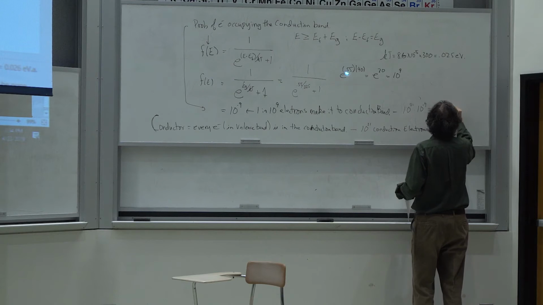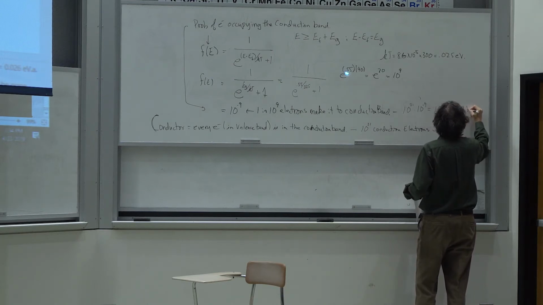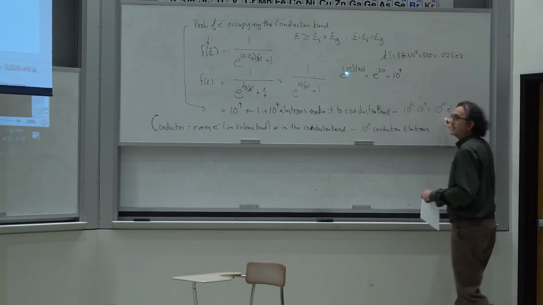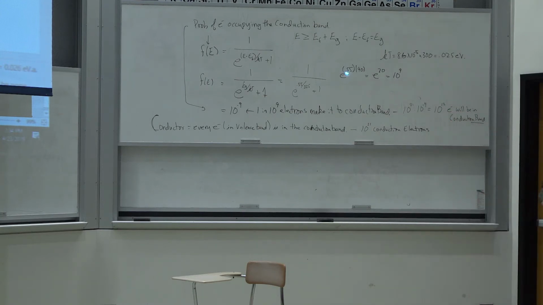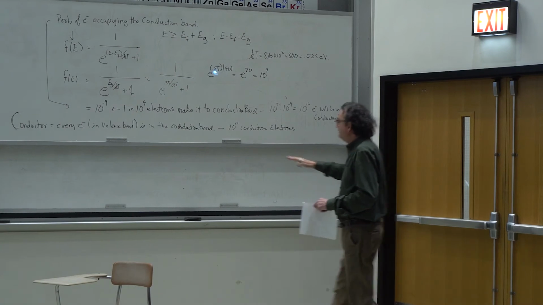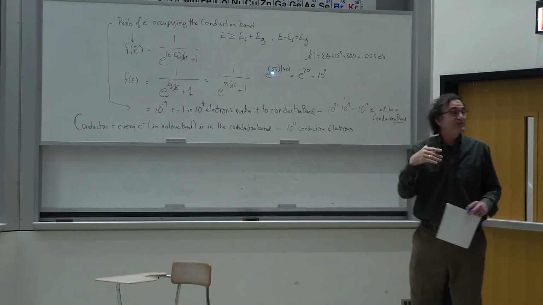So 10 to the 12th electrons will be in the conduction band. That's still a pretty reasonably large number for a 4 millimeter piece of material. Not as big as 10 to the 21, which we have for a conductor, but still significant.